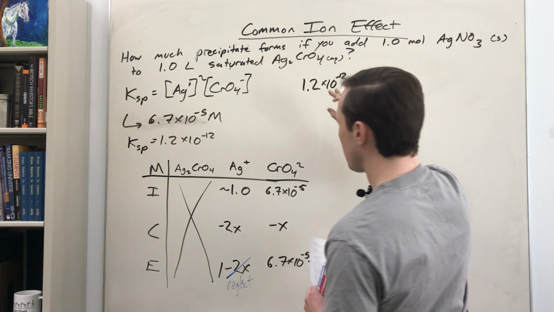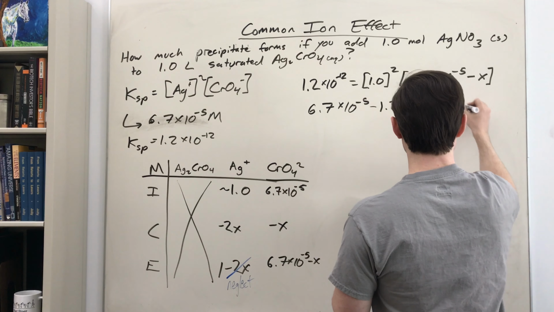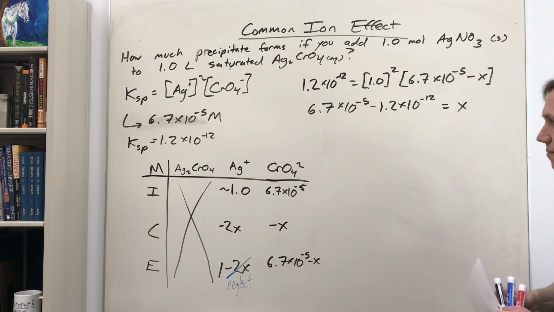And we can now solve this. We can do some distributing here to find that we get to 6.7 times 10 to the negative 5. That is, that's the 1 multiplied over, minus 1.2 times 10 to the negative 12 equals x.